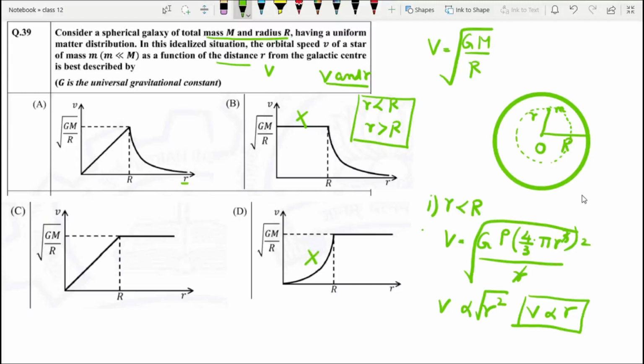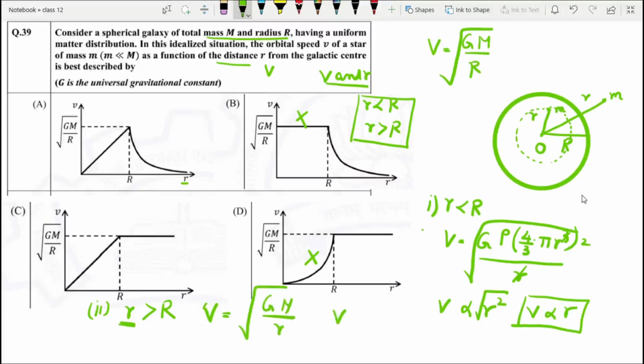Now we have to see the second case, that is r greater than the radius of the galaxy. Now we consider it is moving at this position r. Here there is no change in the mass of the galaxy, because whatever distance r value you take, the mass of the galaxy is not going to vary. So simply the formula will be root of G capital M divided by r.